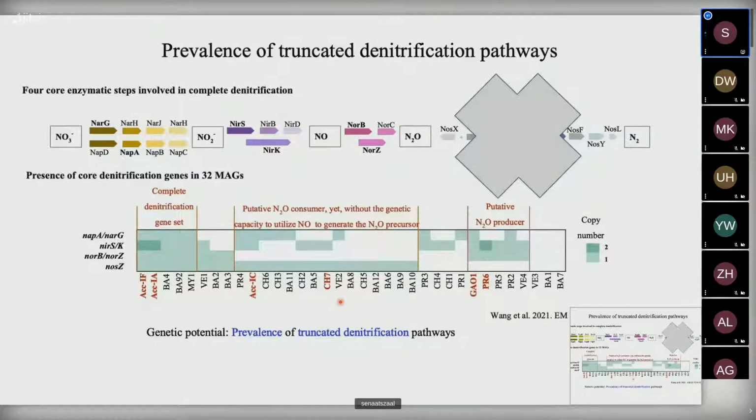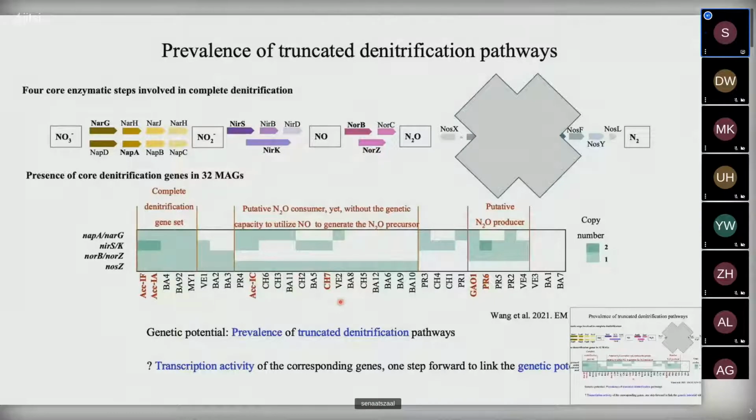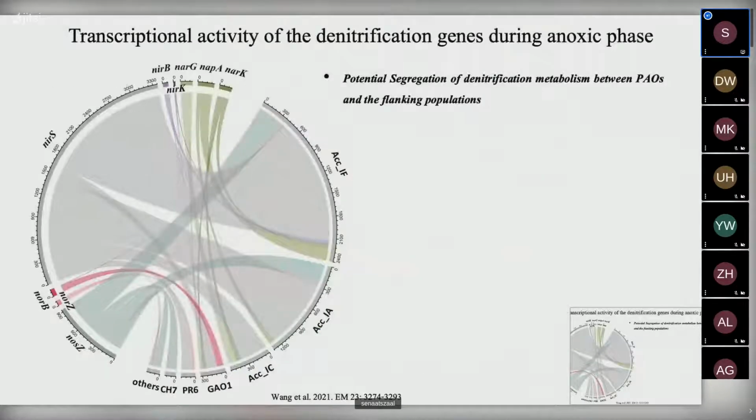With this, we are talking about genetic potential, not real activity. So, one step forward to link such genetic potential to real activity is the transcription activity of the corresponding denitrification genes. The transcription analysis revealed a potential segregation of denitrification metabolism between PAOs and flanking populations.